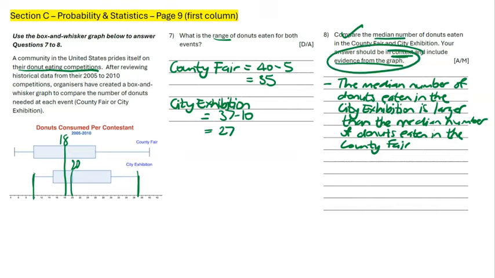The last bit there, I need that evidence from the graph. So what makes me think they're larger? And that's when I can actually pull out the numbers and provide evidence. So in this case, it's 2 larger. So I really need to sell a story that talks about 20 and 18, and I'm comparing them together. So it is larger, and notice that there's my comparative word from the previous comment.